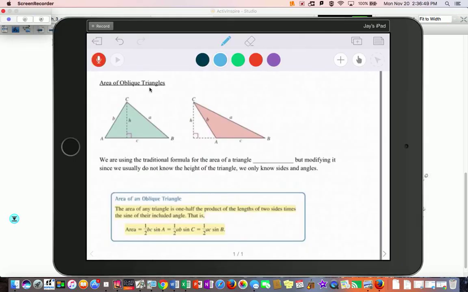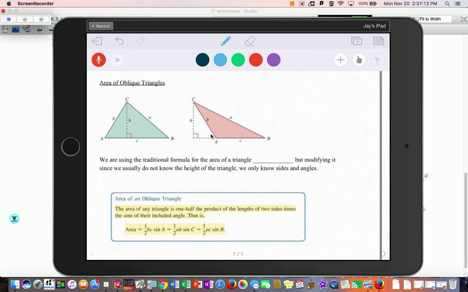All right, area of oblique triangles. What we're talking about is when you have this triangle, you can drop a height down, and hopefully you can calculate what the height is, and it's 1/2 base times height. On a triangle like this, the height is outside over here. So again, if you knew this angle, you could do a reference or a linear pair, and it's a little more work.